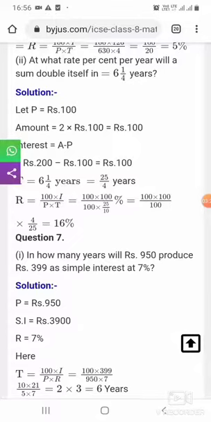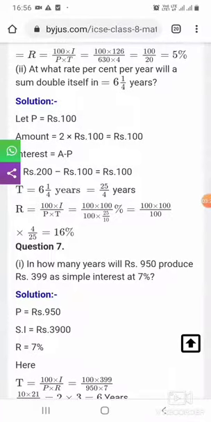So here R is equal to 100 into I by PT, as we discussed in the last problem. The same formula here: 100 into simple interest, which is also 100, then principal is also 100, as we said, into 25 by 4, since 6 1 by 4 is nothing but 25 by 4. Here there is a print mistake, it is 25 by 4, not 25 by 10.